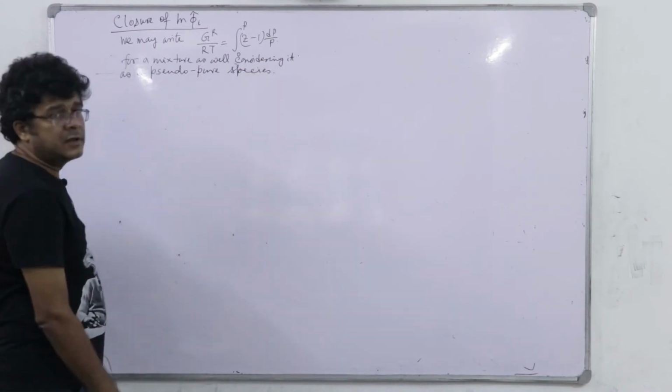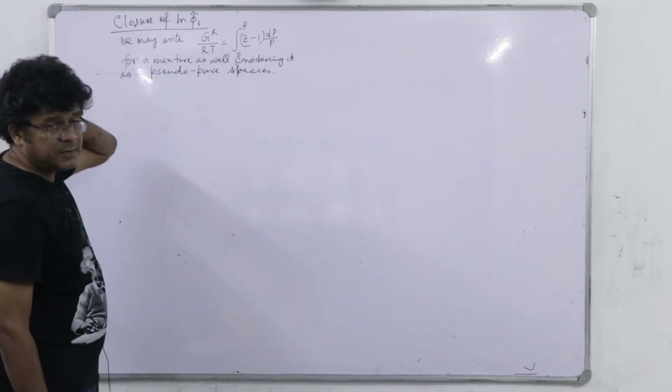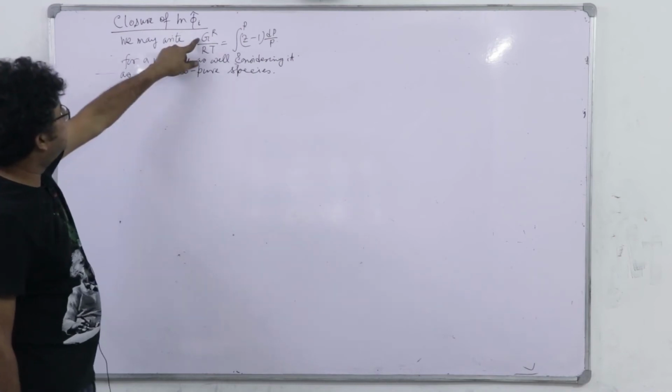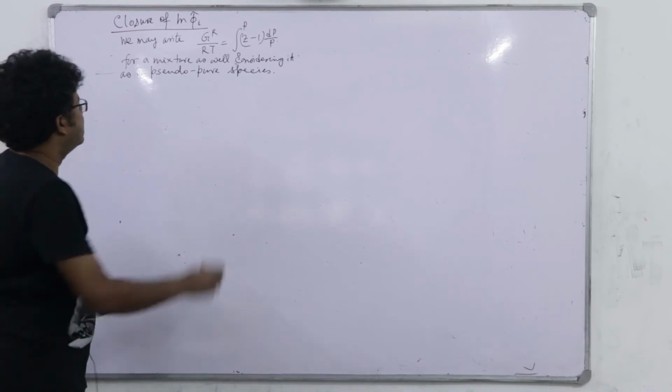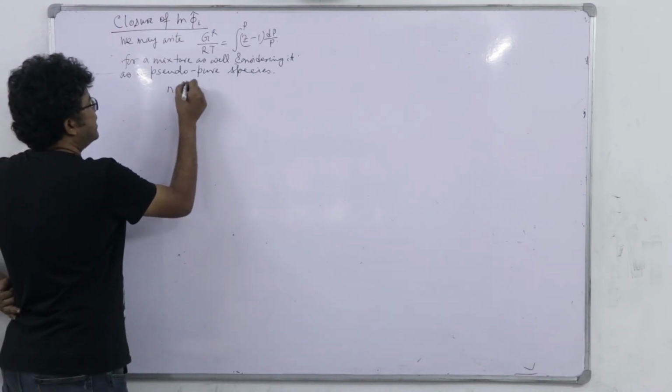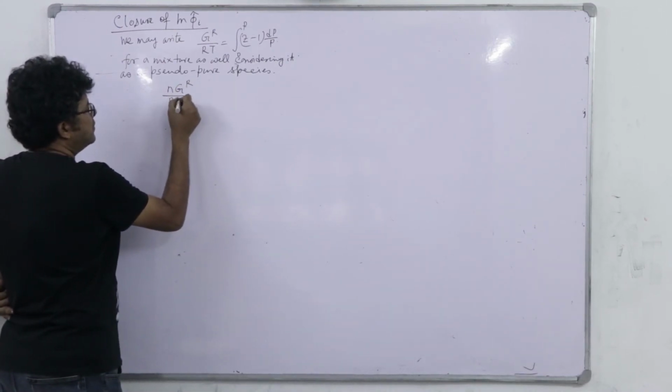So, we will multiply both sides by n, the total number of moles. This is not a pure species, it is a pseudo pure species, valid for a mixture.